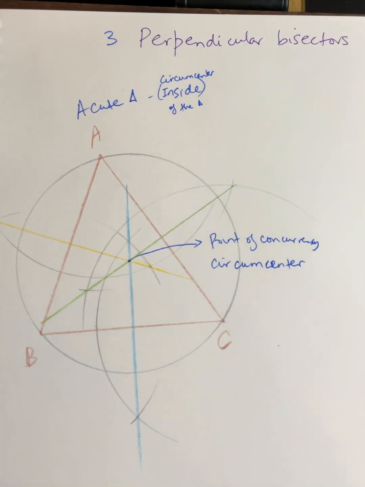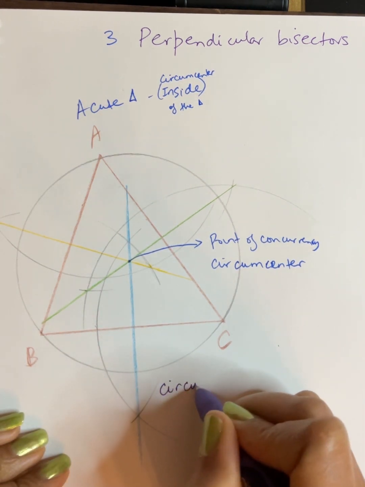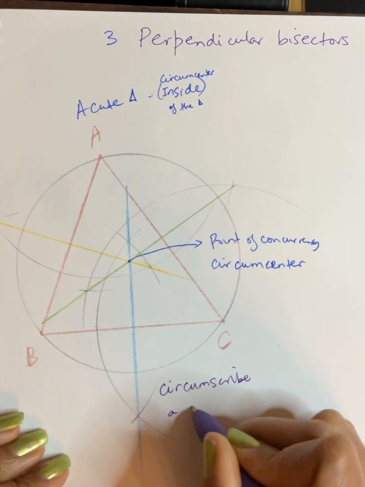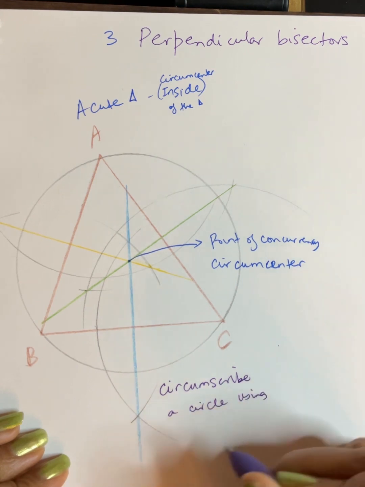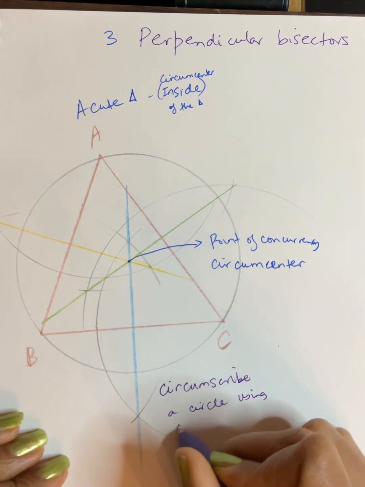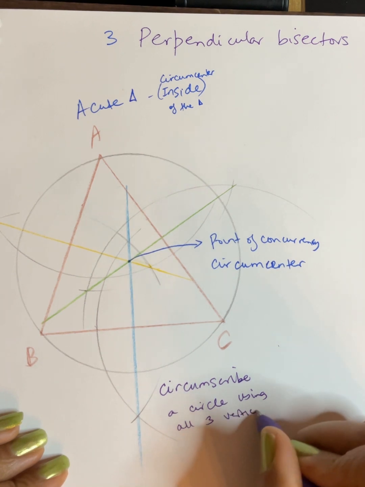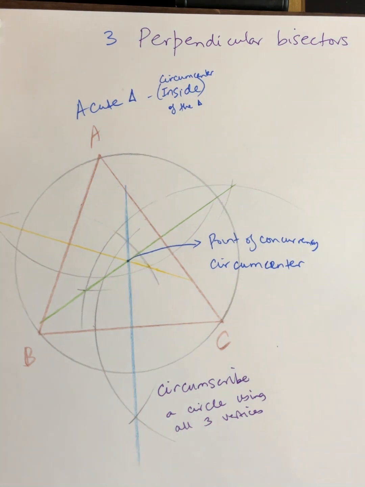So you circumscribe a circle. Let me write it here. Circumscribe a circle using all three vertices. That's what's going to happen. And the triangle is inside of the circle. Now that's for an acute triangle.